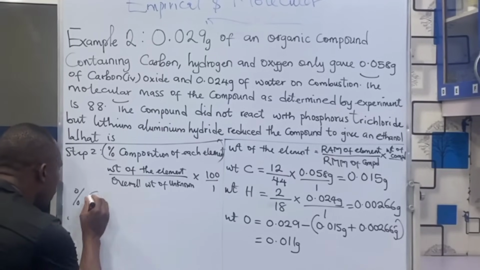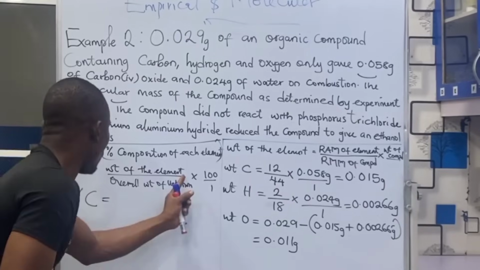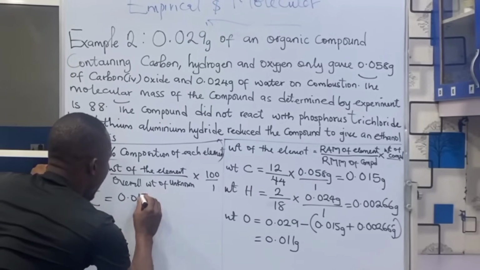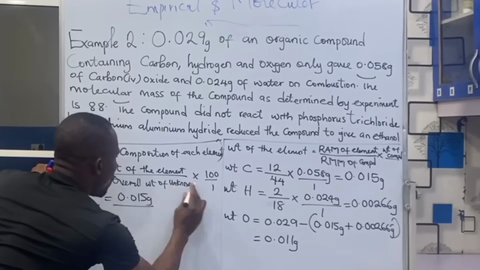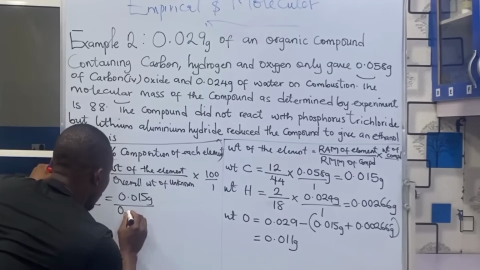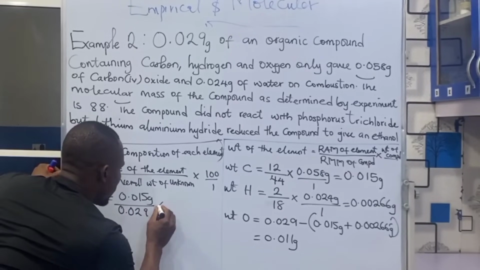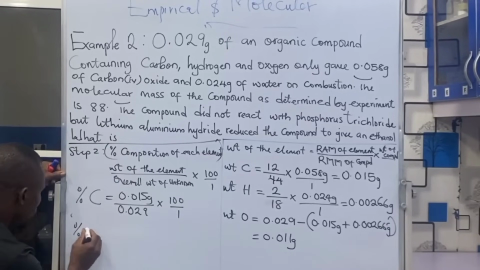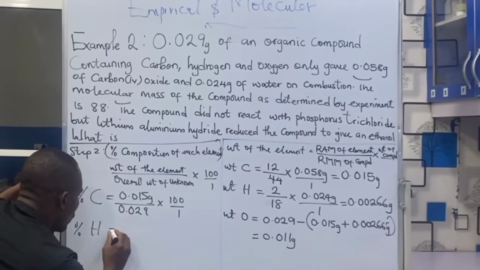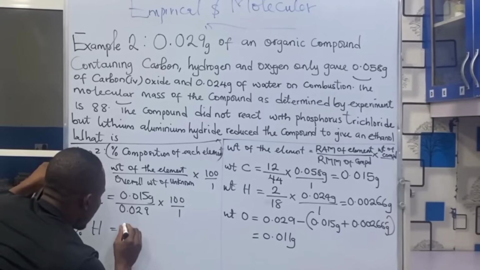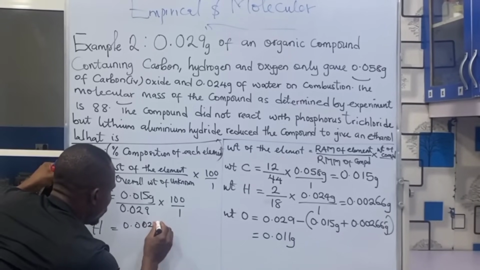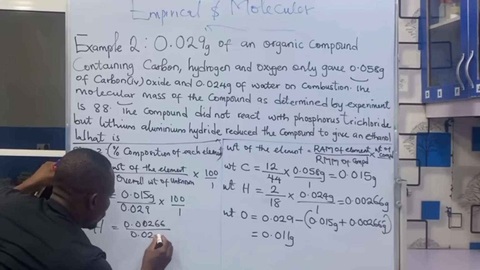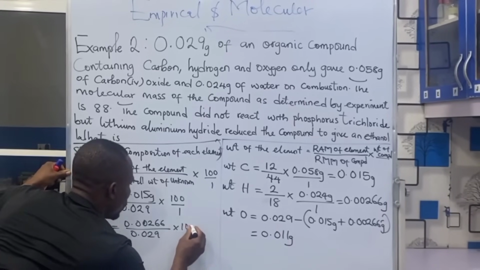So we'll do that quickly for carbon. Percentage composition of carbon in the compound: what is the weight of carbon there? We already have it to be 0.015 grams, all over the overall weight of the compound, 0.029, times 100 over 1. Same for hydrogen: 0.00266 all over 0.029 times 100 over 1.